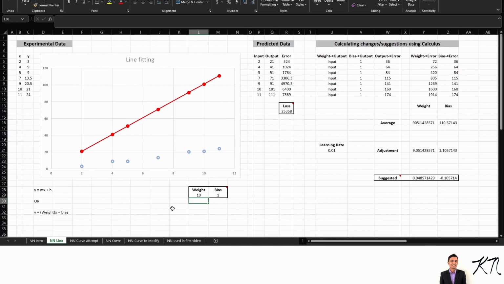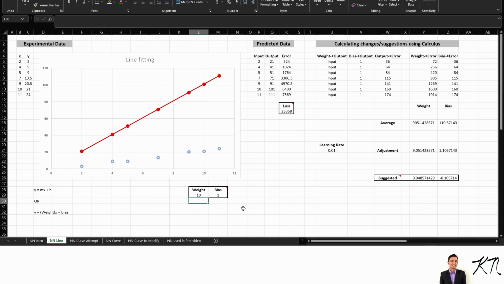These 3 things form a feedback loop. Forget about all of the other numbers. Just look at the power of what we have. We have a model which starts out with some values. We have a loss, which tells us how bad or how good our model is. And then we have a suggestion. That is super powerful.